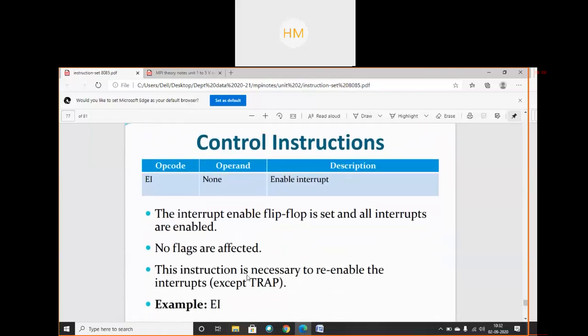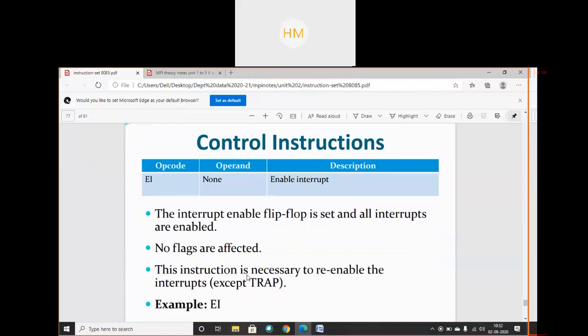Next, EI, enable interrupt. And see, the machine control group doesn't have any addressing mode. Clear? Keep that in mind. No addressing modes are required for this control instruction. It is not defined in any of the 5 categories. EI, enable interrupt. The interrupt enable flip-flop is set and all interrupts are enabled. No flags are affected.